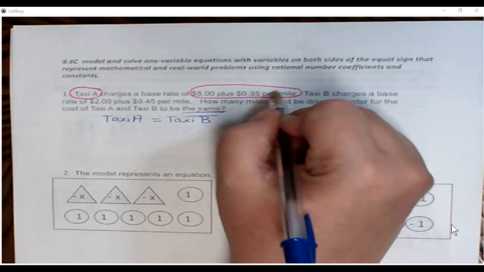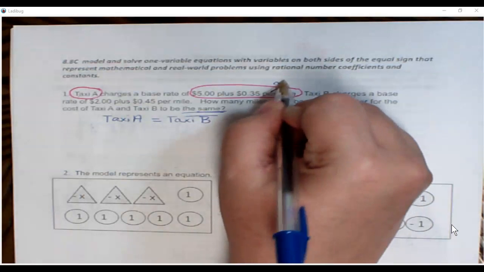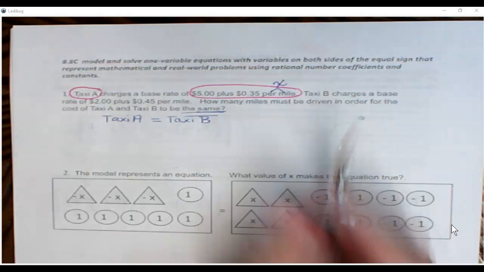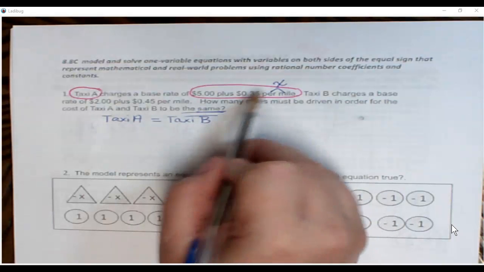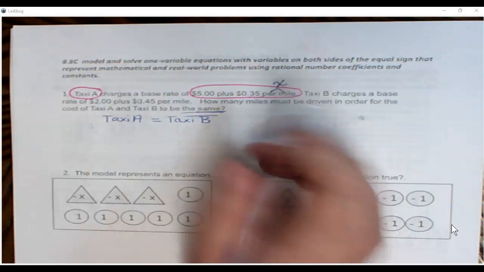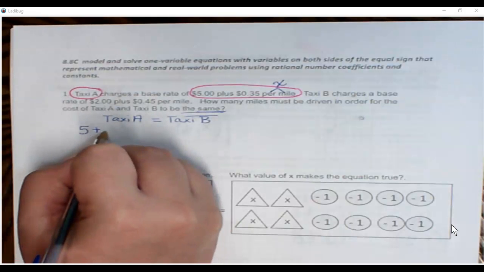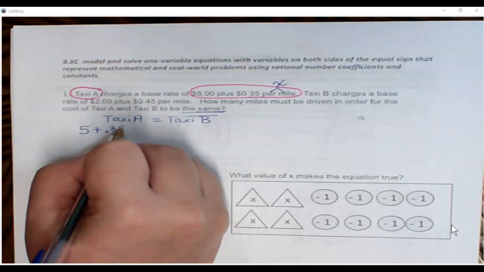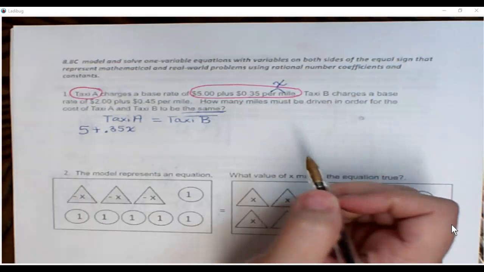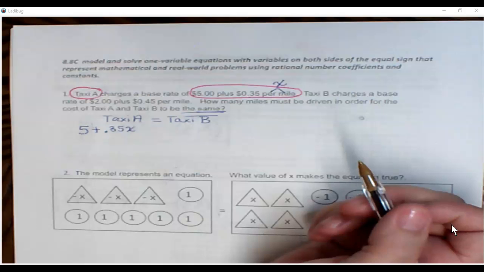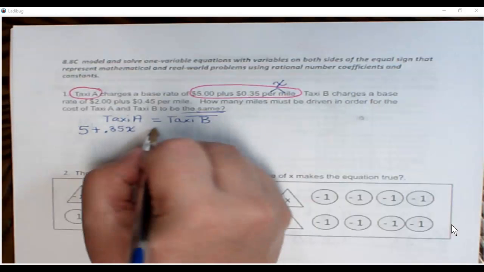This per mile right here, that's where you put your variable. So 35 cents times each mile. So when we write this, we could write this as 5 plus 0.35x. Or you could use M for mile. It doesn't matter what letter you use.